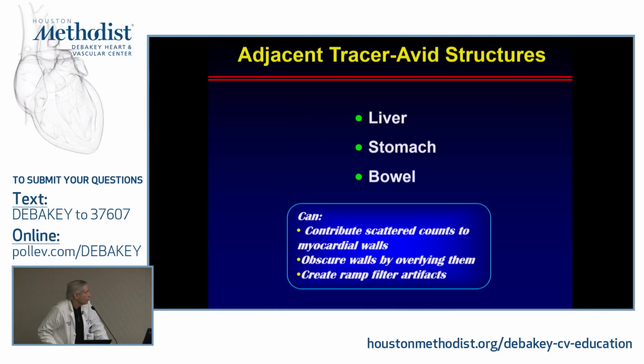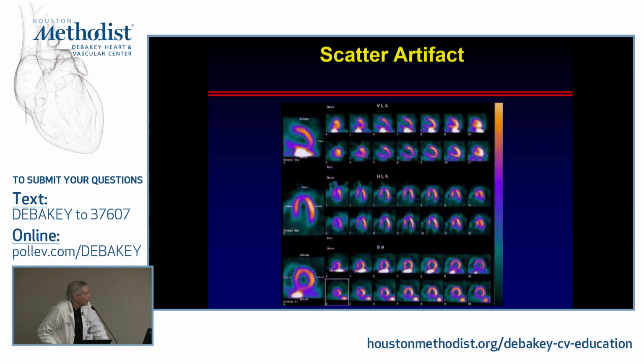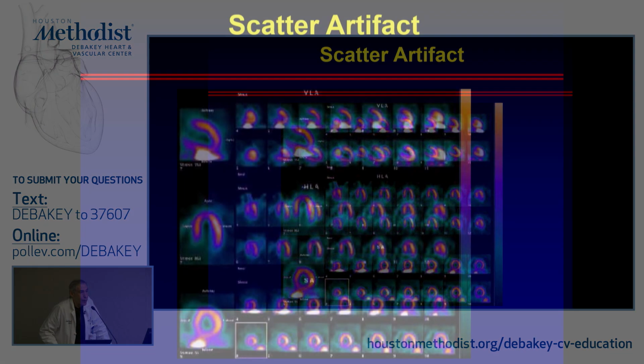And then the last thing I'm just going to say is that the other important thing is adjacent subdiaphragmatic count activity. And when you have something like this, you really need to re-image the patient. I mean, we give them water, we try to flush out the gut activity. You can see this both actually with PET imaging as well with SPECT imaging. With SPECT imaging, it's basically the liver dumping tracer into the upper abdomen.